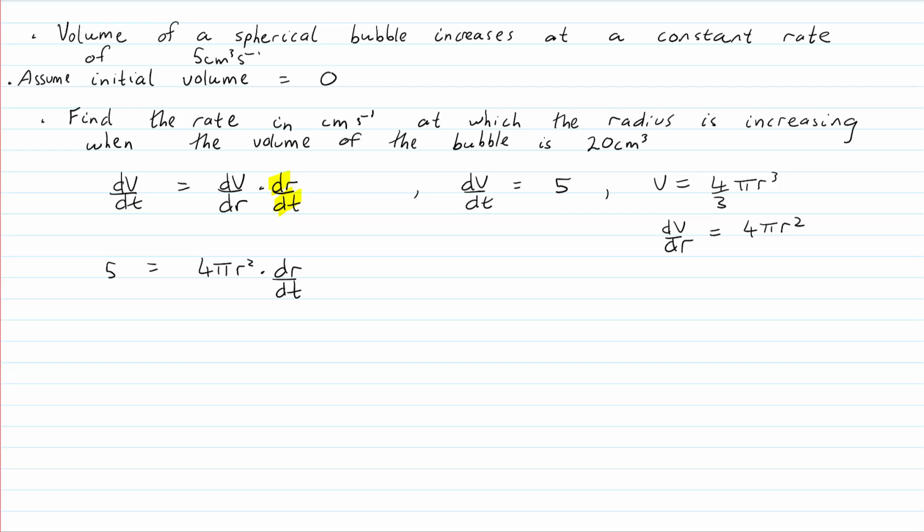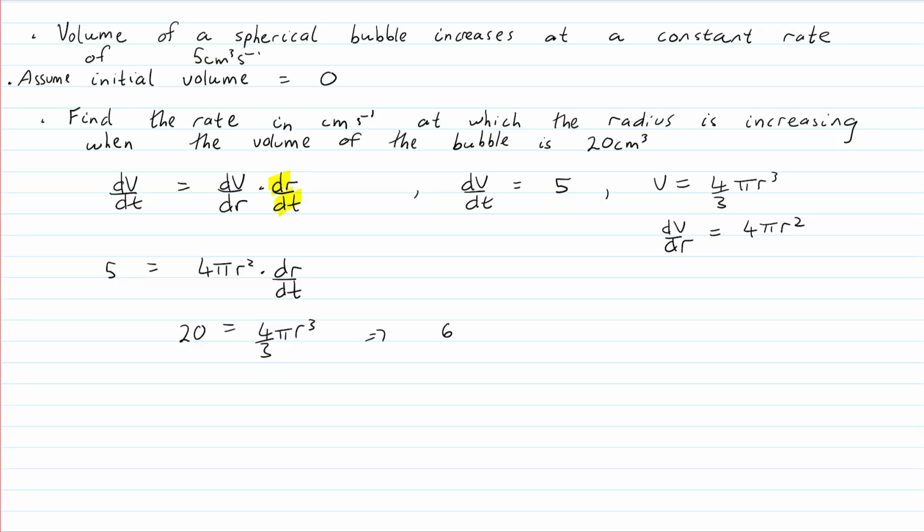So now we just need to know r for this equation. We're looking to find the rate at which the radius is increasing when the volume of the bubble is 20 centimeters cubed. So if the volume is 20, that's going to equal 4/3 pi r cubed, and now we just have to solve that for r.